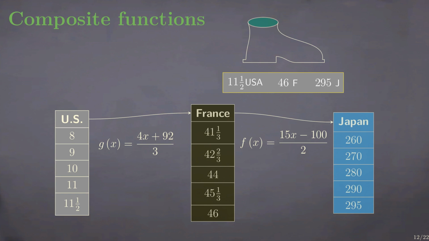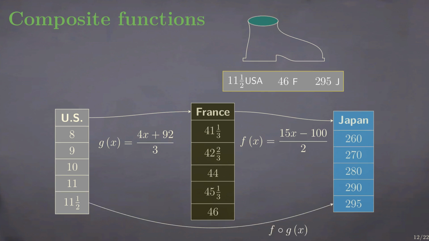Then that is where we take the composite function. So f round g of x is the function you need in order to convert directly from the US size to the Japanese size without passing through the French size. Okay, so that is the meaning of composite function. And now let's compute f composite g.